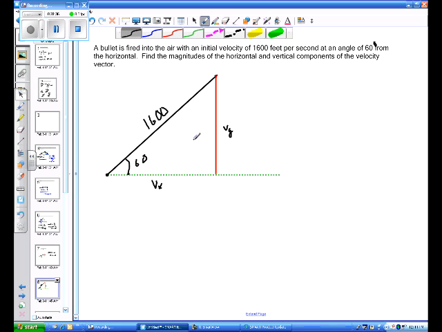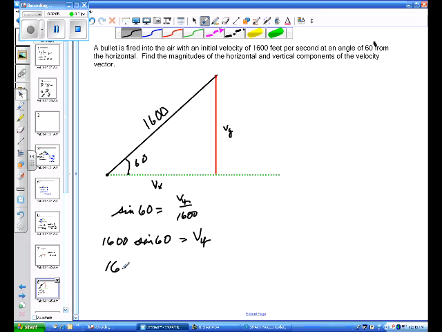We know that the sine of 60, or we can even use the ratio that we did before. Well, let's just look at it both ways. The sine of 60 is equal to v sub y over 1,600, or 1,600 times the sine of 60 equals our vertical component.